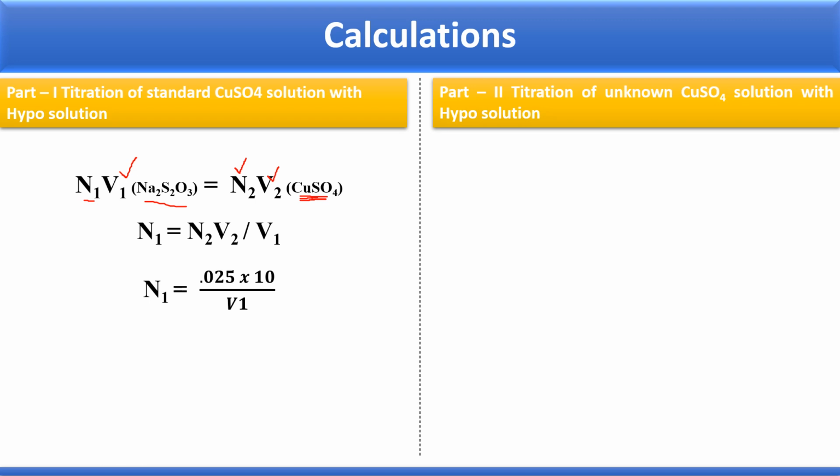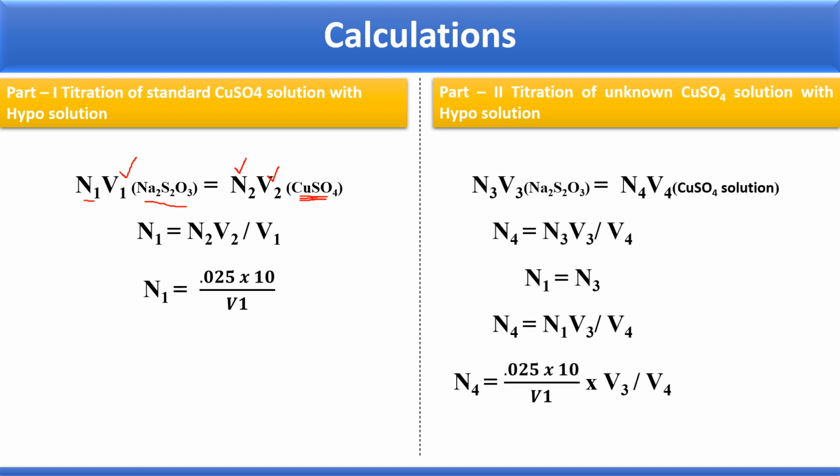Now, the second step is the titration of unknown copper sulfate solution with hypo solution. In this step, we have titrated the hypo solution with the unknown copper sulfate solution. N3 is the normality of hypo solution. This N3 must be equal to N1 because we are using the same hypo solution. So N1 is equal to N3.